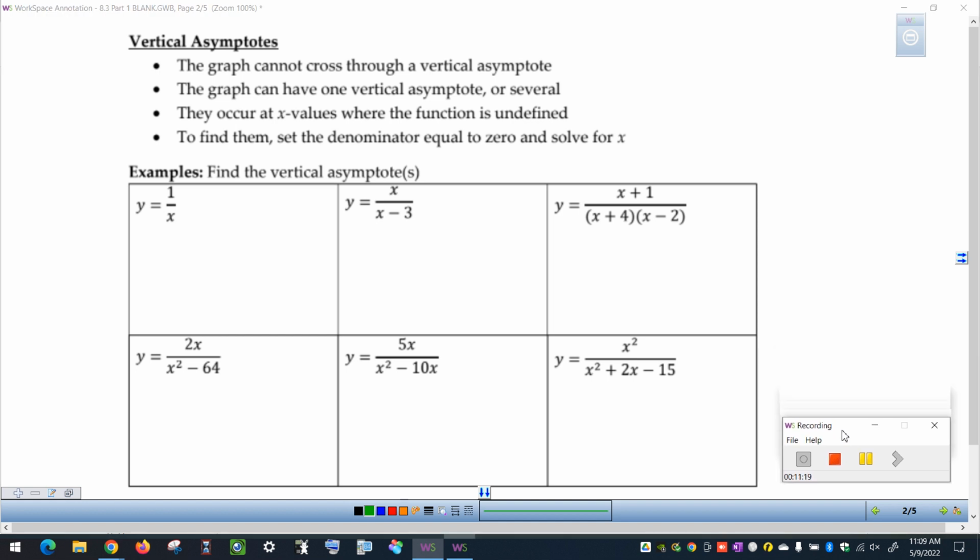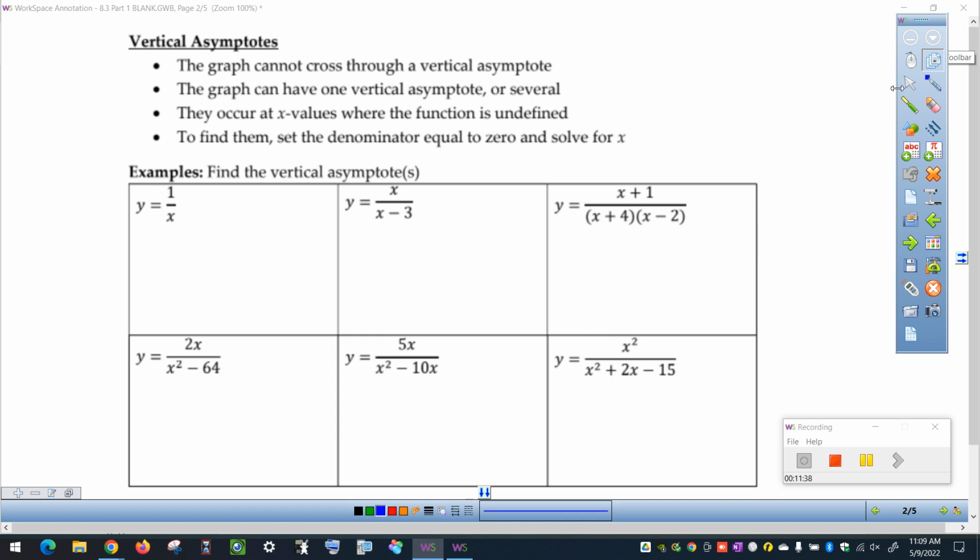And so because of that, it's very simple to find them. We just need to figure out what value of x could make our denominator 0. And so to find it, we're going to set the denominator equal to 0 and solve for x. All right, so we have our first equation here. This is actually the same one that we graphed already on the front side, so it should look familiar.